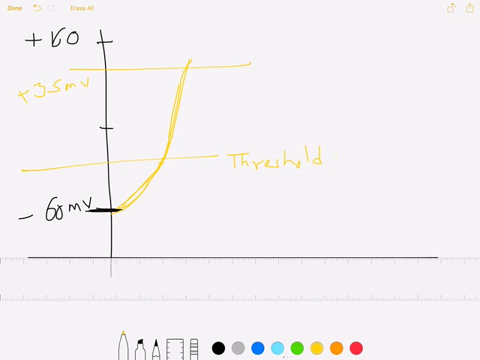Threshold potential is a membrane potential at which action potential is inevitable. Net inward current becomes larger than net outward current, and depolarization becomes inevitable, and there's an upstroke. And then there's an action potential here. So there's a rapid depolarization.